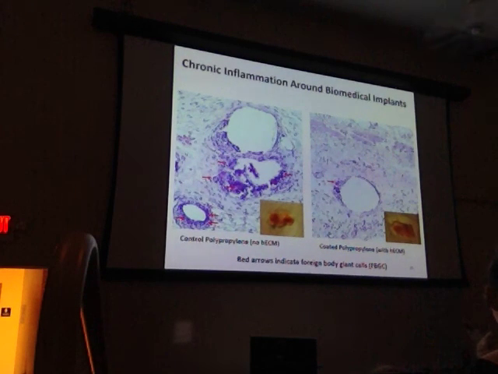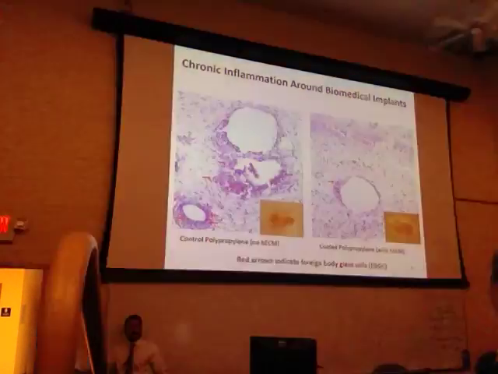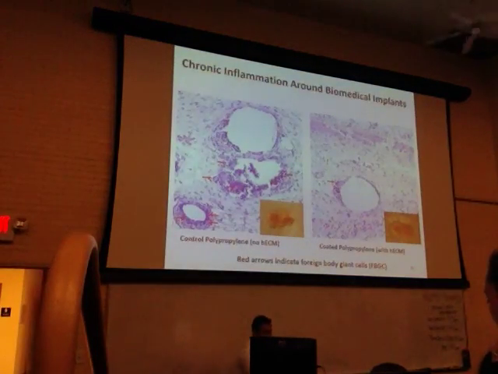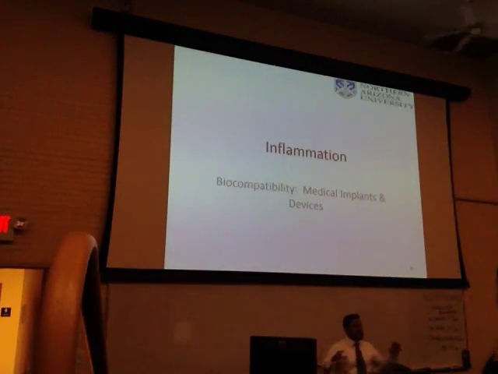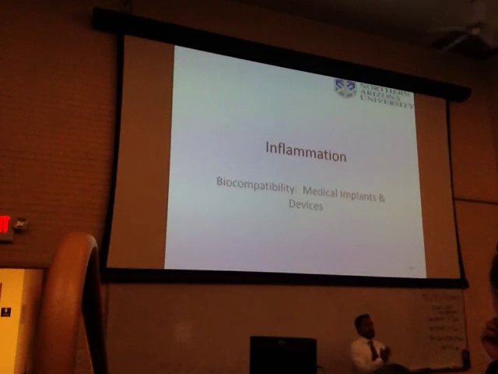This is a foreign body giant cell, but the relative number of foreign body giant cells here is far fewer than what you saw over here. So this is a way that coatings are being used to mitigate chronic inflammation and to promote healing in a better way. Okay? So that is the last slide of the deck for the exam.